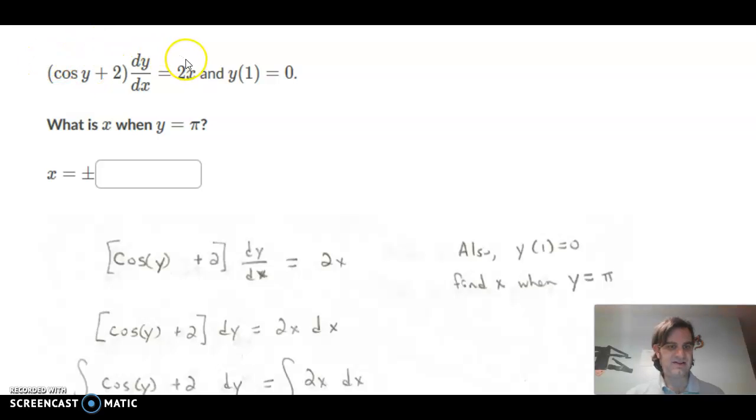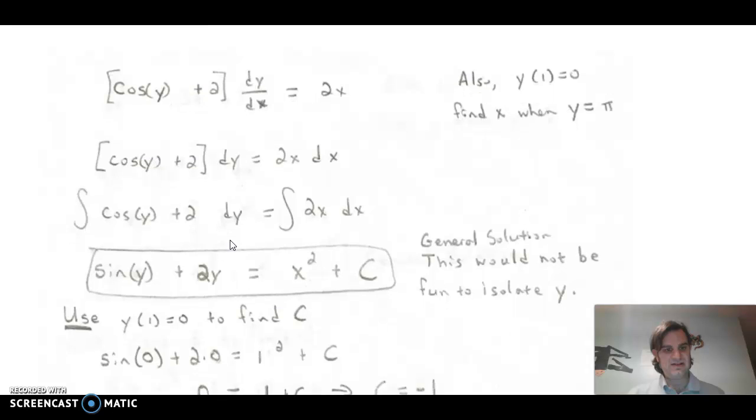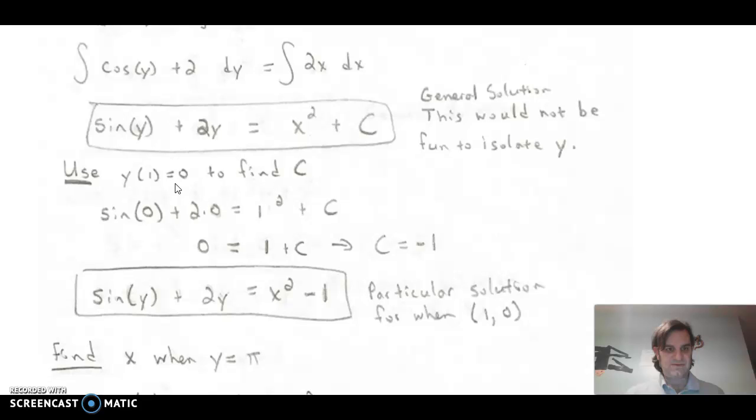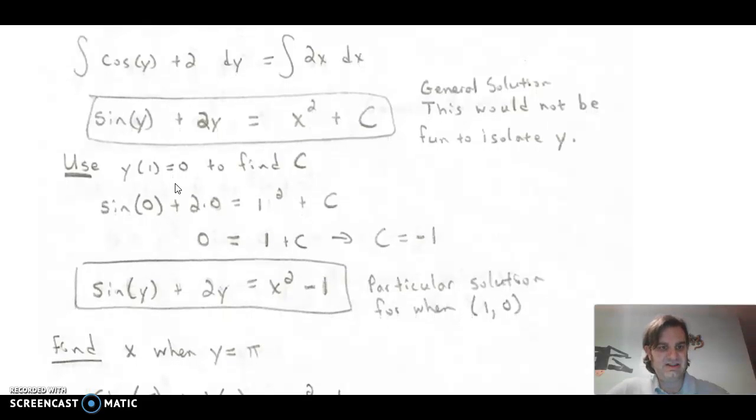Well, let's first of all find a general solution for what we've got. So we want to separate the dy dx so that all the y's are on one side and all the x's are on the other. So all I have to do is multiply both sides by dx. That gets rid of the dx on the left and puts it on the right. So then I can integrate the left and right side easily because the complete left is in terms of y and the complete right is in terms of x.